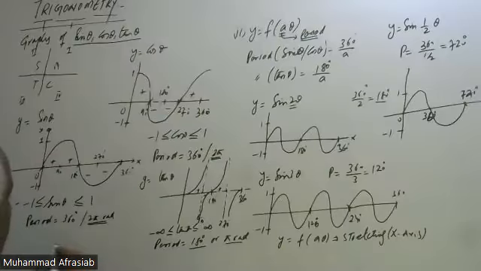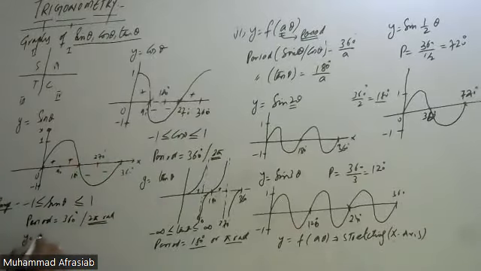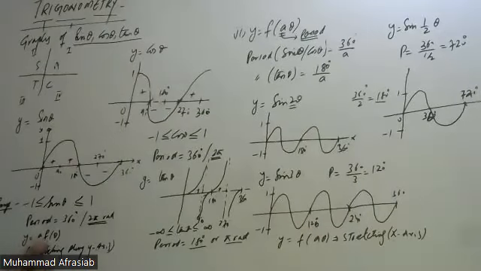If y equals a f of theta, then it is stretching along the y-axis. So f of a theta means the stretching along the x-axis, and a f of theta means the stretching along the y-axis there.